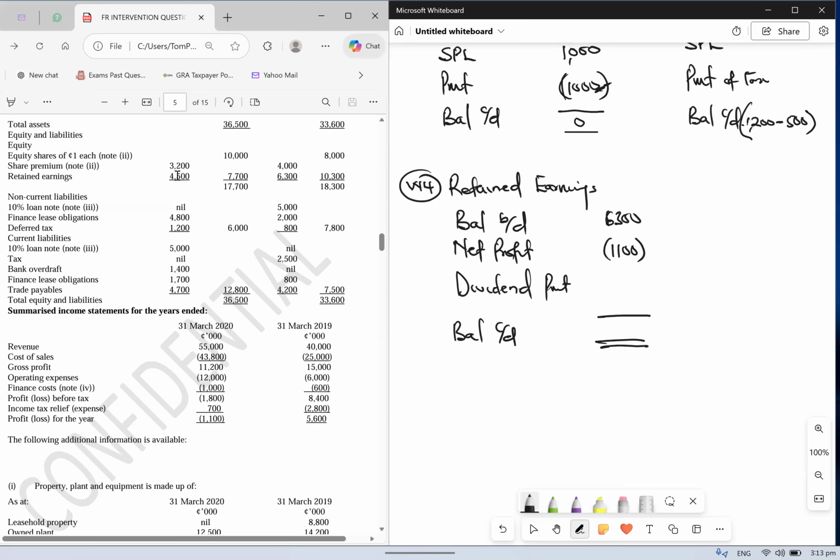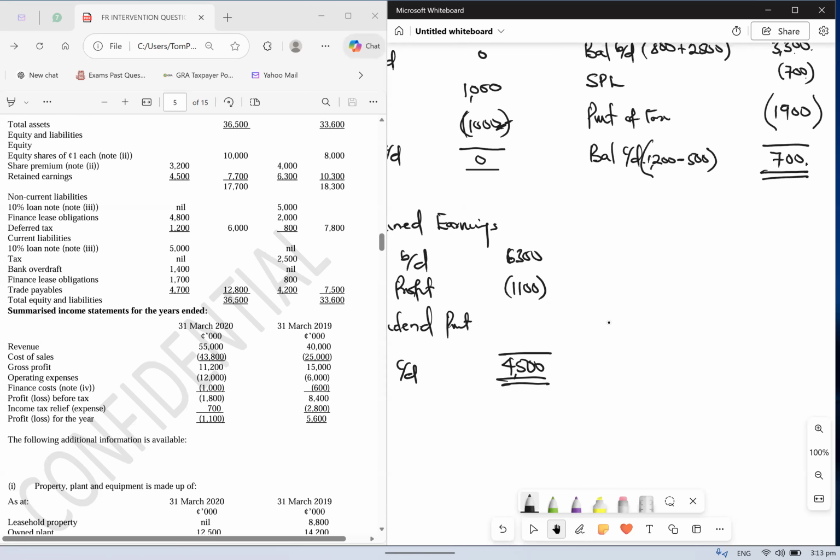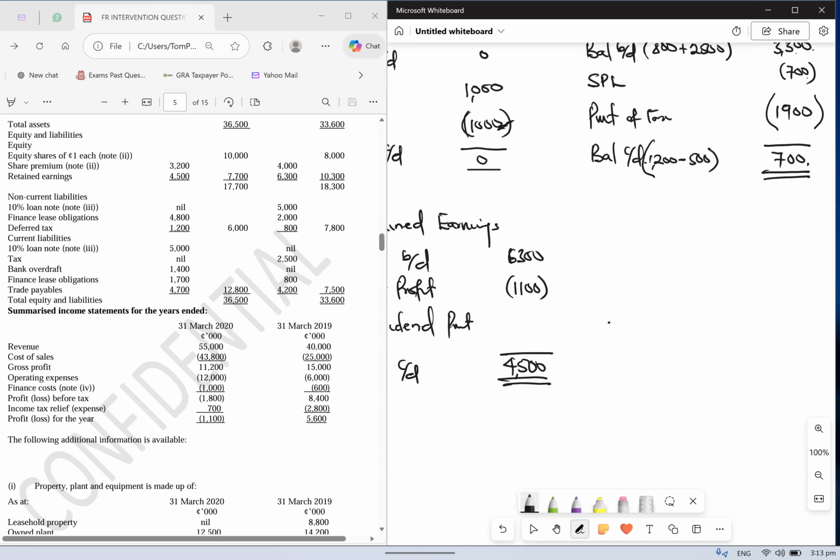That is 4,500. So clearly you can see that they paid dividends. How much did they pay as dividend? Use your calculator and give me the answer. 700. They paid dividends of 700 then.